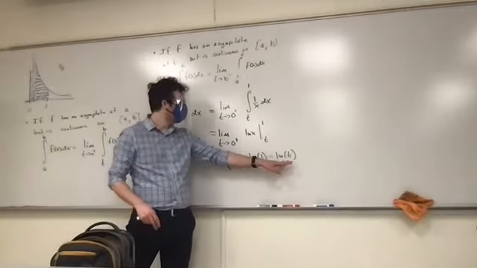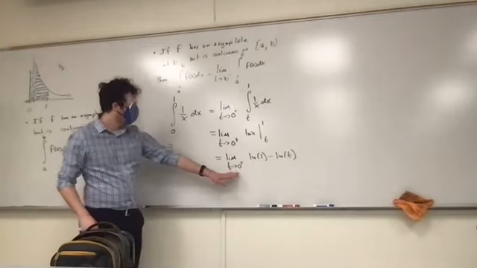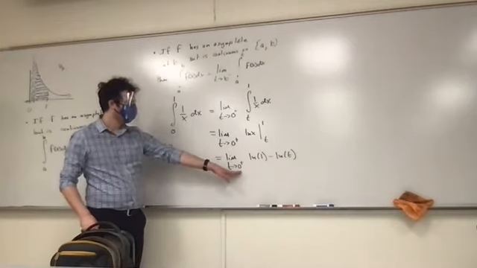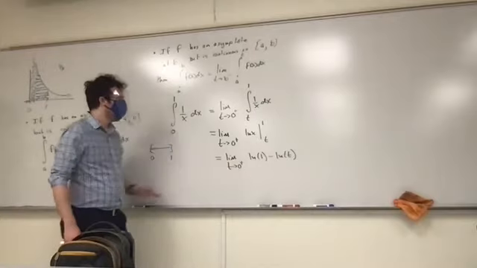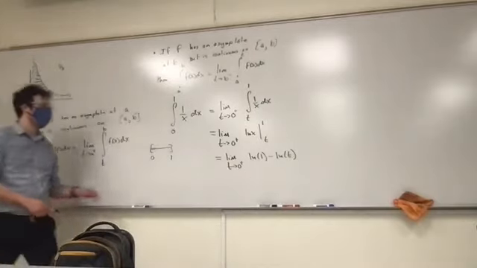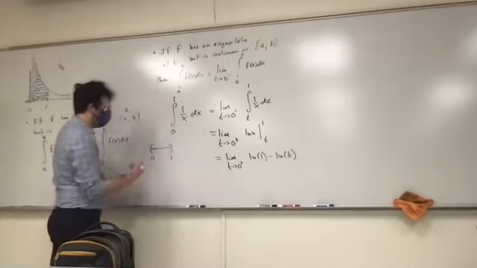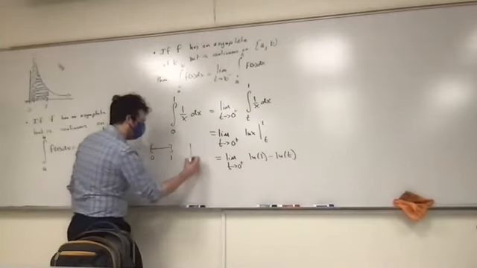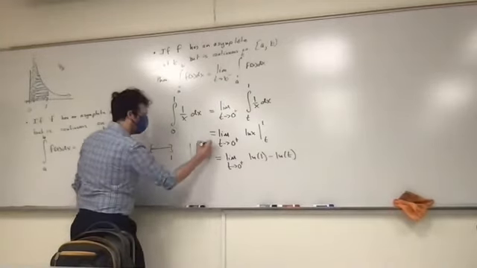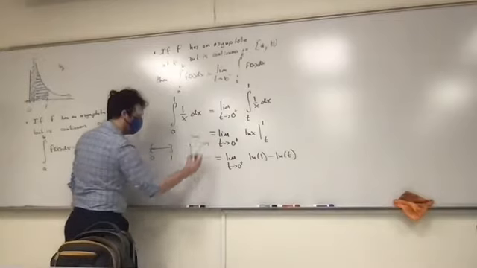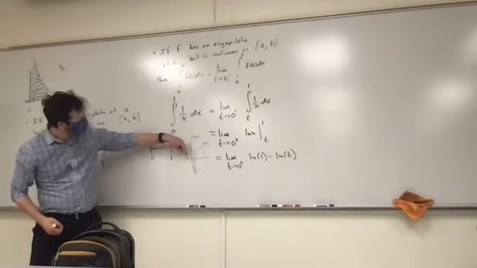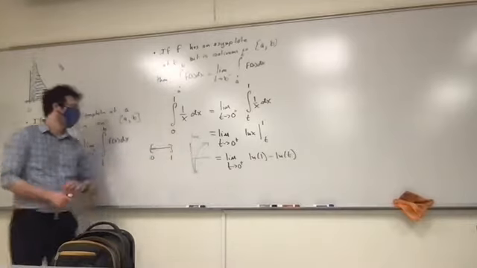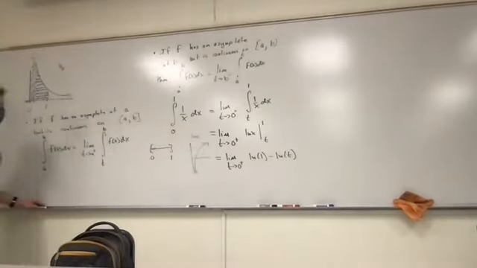What happens to the natural log as you get closer and closer to 0? At 0, the natural log actually has a vertical asymptote. So the natural log has this shape. We are looking at the limit as we go to 0 from the right. So we're heading down this asymptote.